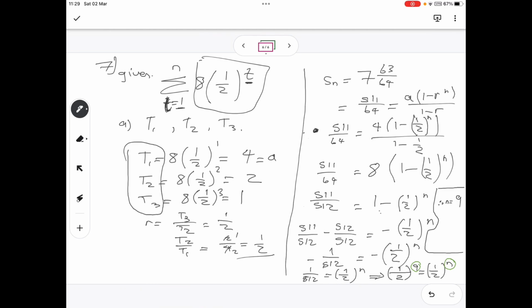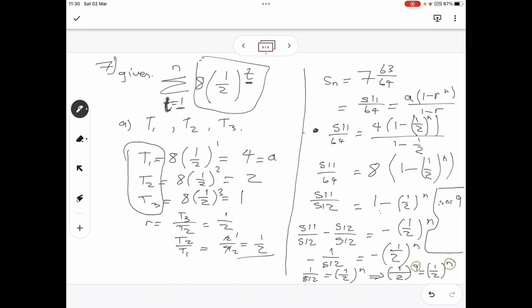They use this same formula that we just used here: S sub n equals a times open bracket 1 minus r to the power n divided by 1 minus r. On the one side where there's a power n, which is what we're looking for, we get the constant ratio raised to that power n.